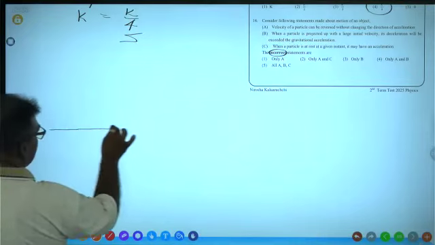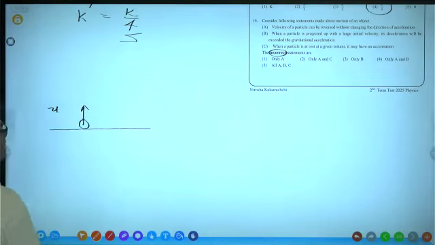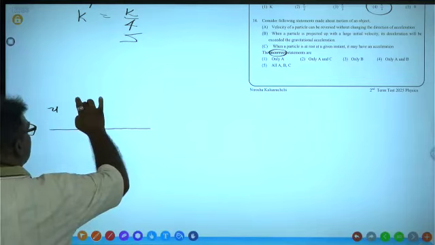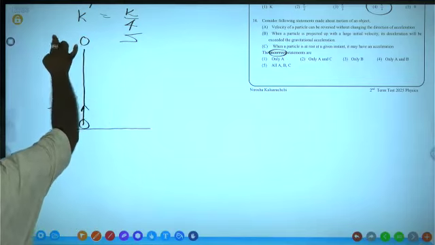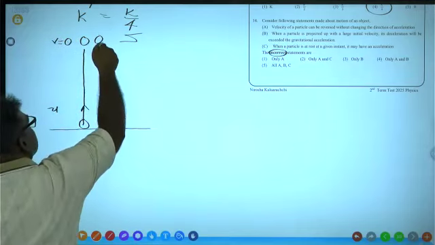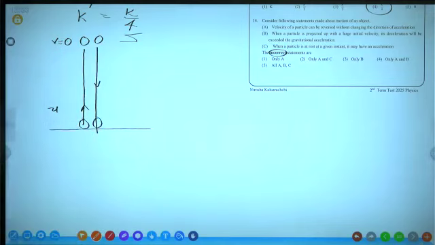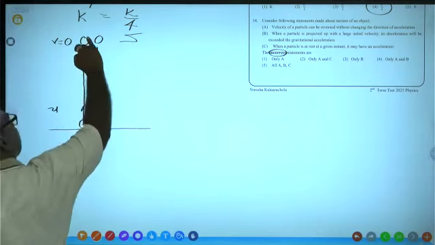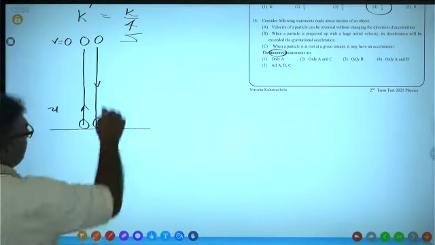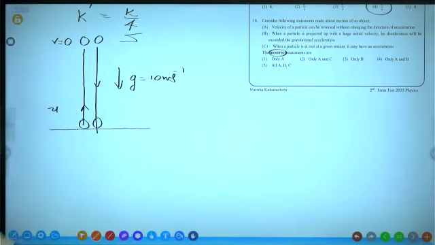For example, when you throw an object from the ground upward with a certain velocity, we all know it is going up until that velocity becomes 0. After it reaches here, it turns down and finally completes the motion by hitting the same point. Then, do you see? The direction of velocity completely changes, but the gravitational acceleration of 10 m s^-1 remains the same throughout the entire motion, whether it is moving upward or downward.